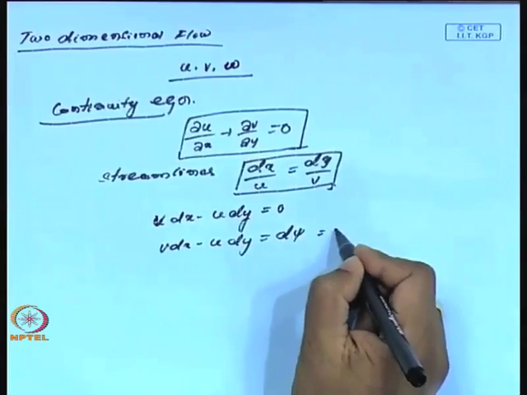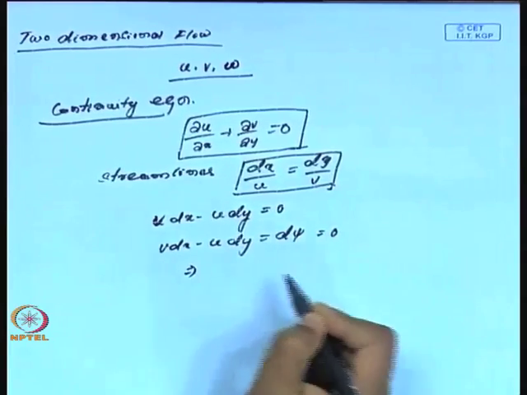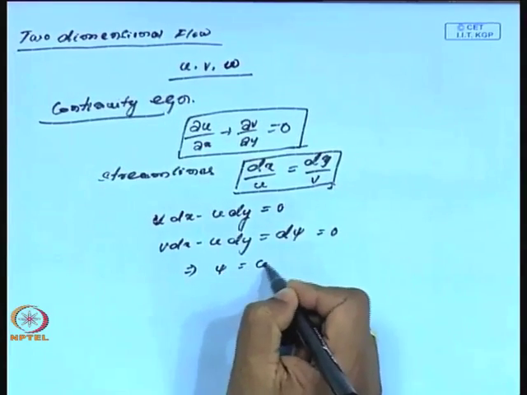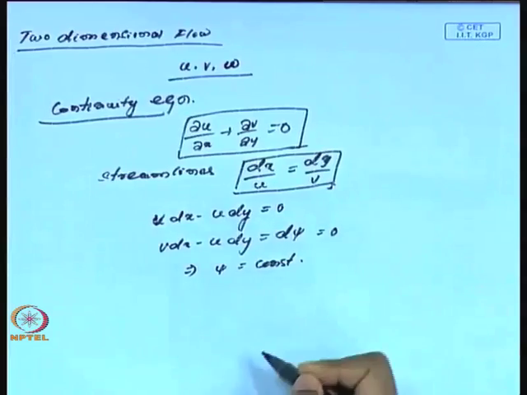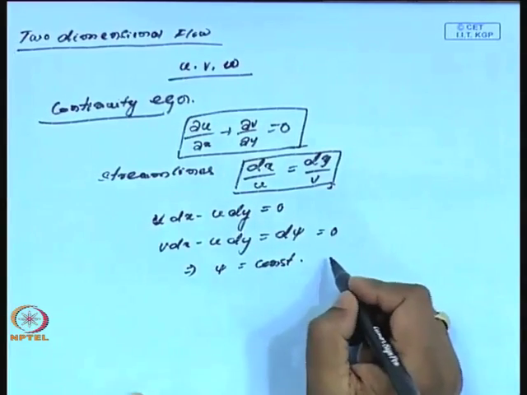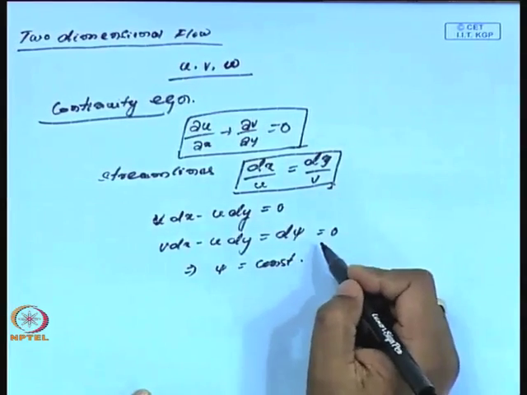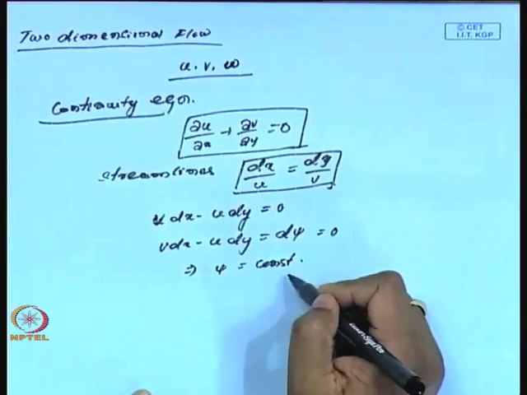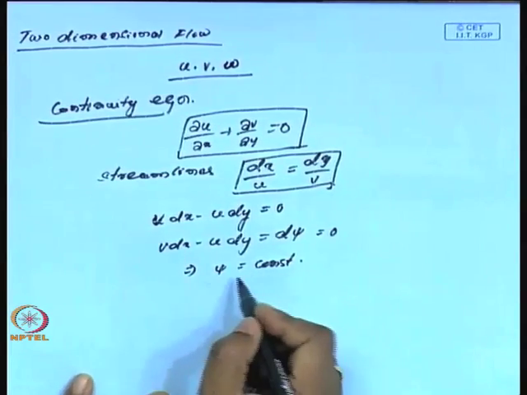So, that will be 0, then psi is a constant, and that psi is equal to constant, again what will happen?